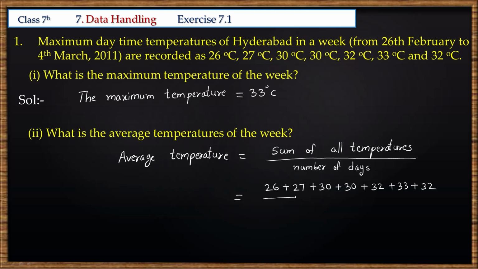Total 7 temperatures are there. So that divided by number of days 7. If we add all the numbers, we will get 210 divided by 7. Cancel in the 7 table. 7 1s are 7, 7 3s are 21, 7 0s are 0. That is equal to 30 degrees centigrade. This is the answer.